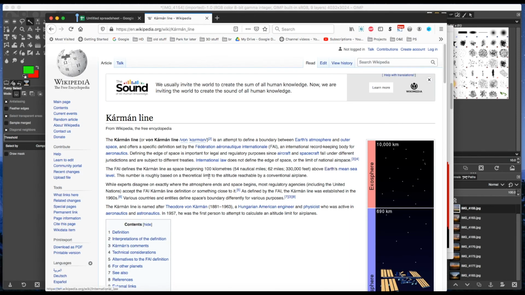So I looked up how high the Earth's atmosphere is, and the basic figure given is about 100 kilometers above mean sea level.